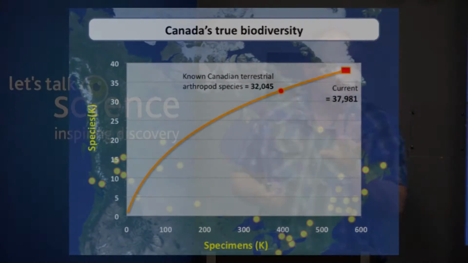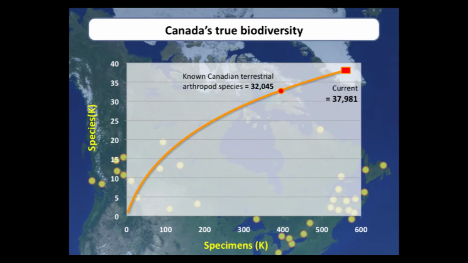And then we look at just one curve to give you an idea how diverse just this little fragment of life is in Canada. So we're looking at about 600,000 specimens we went through in national parks, across schools and everything else. We're not done. We found, using our DNA methods, 38,000 species.